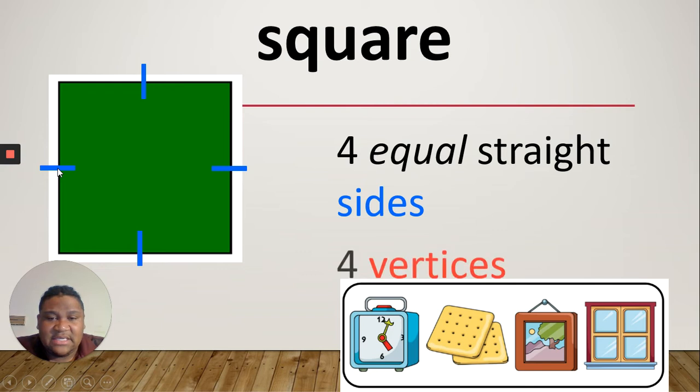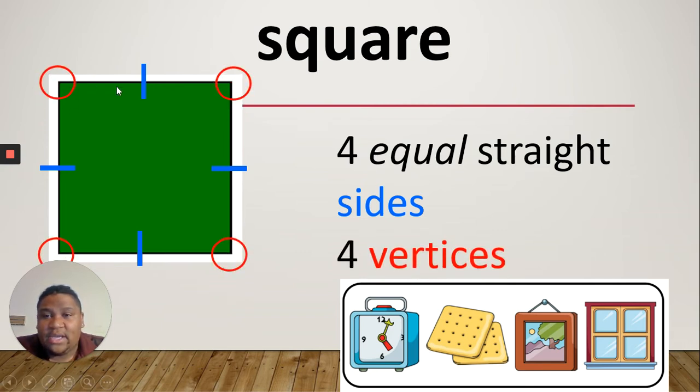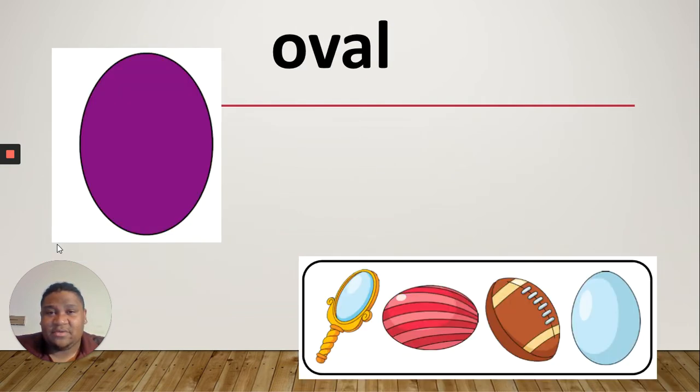And it has 4 vertices, where 2 lines meet. So we're able to reason and say that this square has 4 straight sides and vertices with their attributes.